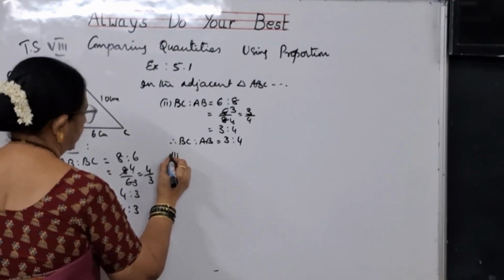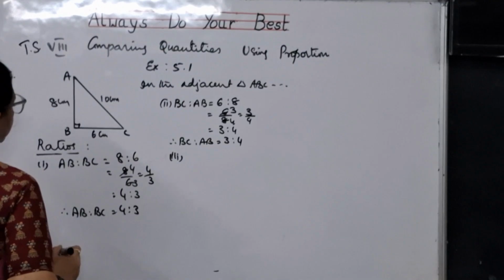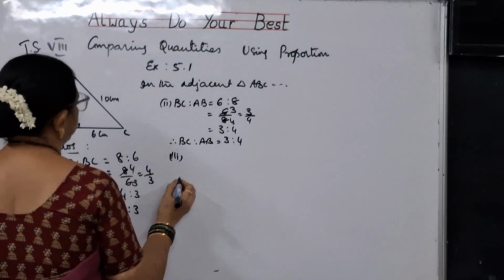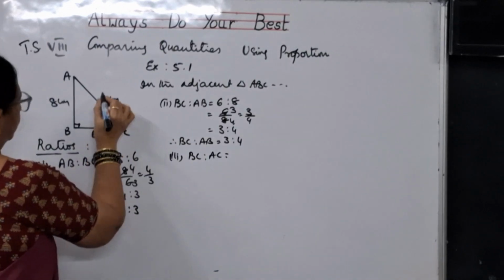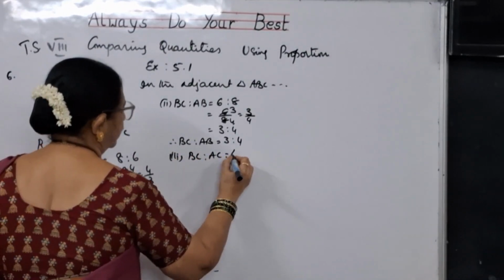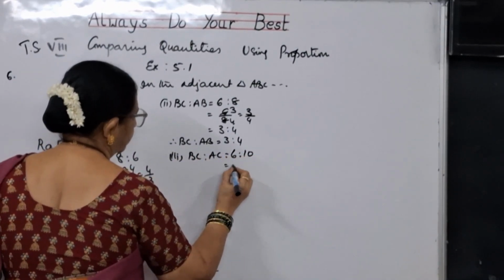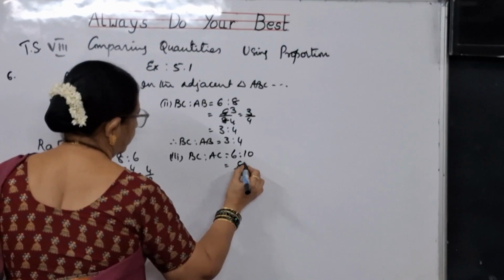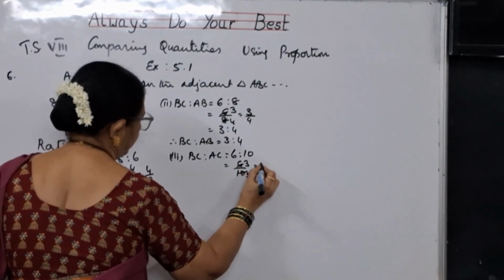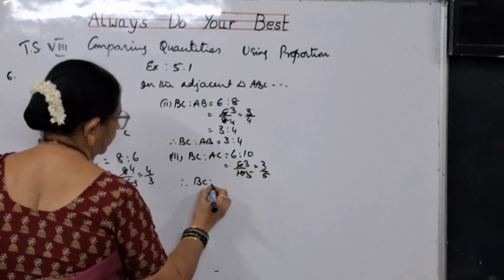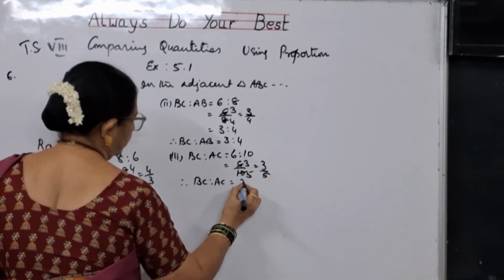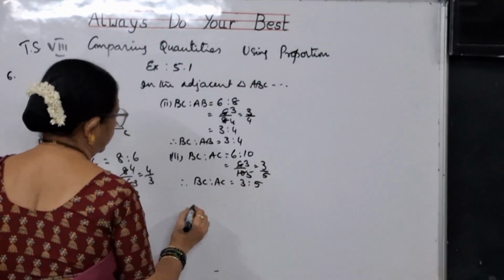Now, let us see another proportion. The other proportion is BC is to AC. We will take these two sides. It is 6 is to 10, that means 6 by 10. 2 threes are 6, 2 fives are 10, so 3 by 5. Therefore, BC is to AC is equal to 3 is to 5.